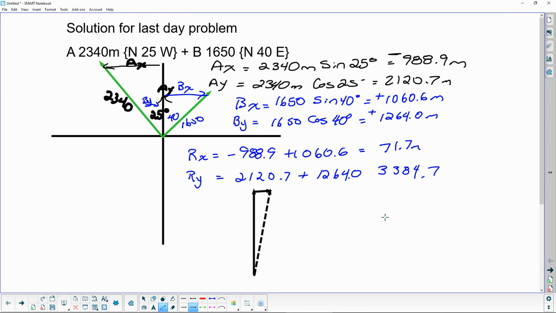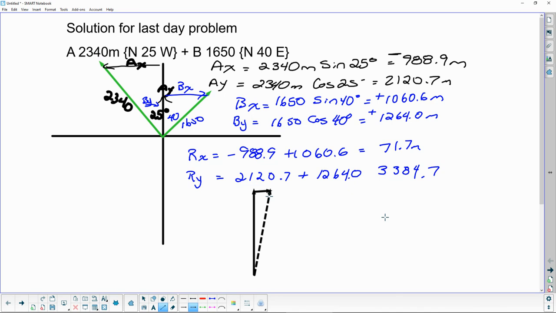So we're going to take 3,384.7 and square it. And we're going to add the small 71.7 squared. So it's going to be exceptionally close. Okay, and then we're going to square root those.